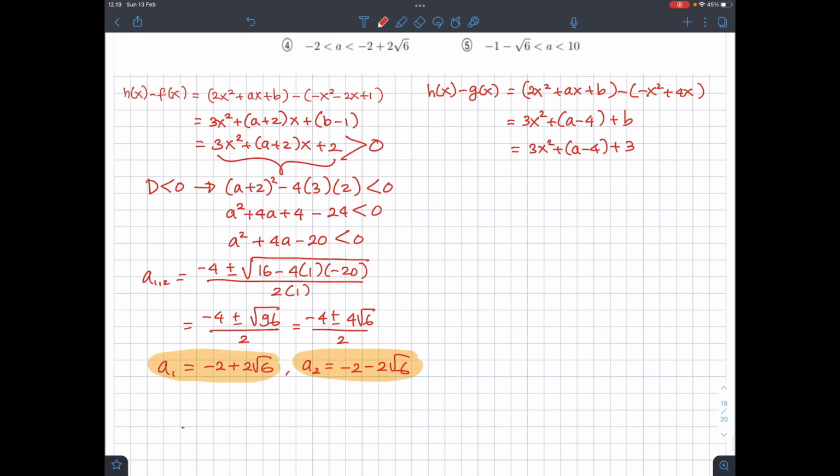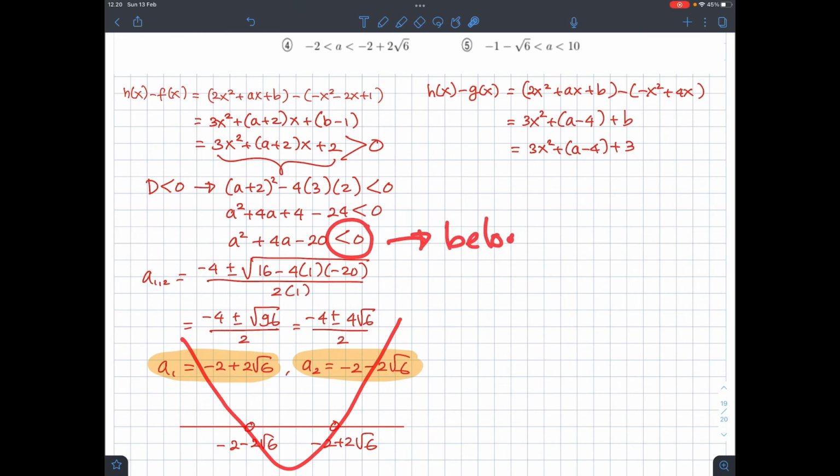And remember, they ask about this quadratic equation, a squared has a positive coefficient, so it opens upward like this. And they ask you to find the part that is below the x-axis.